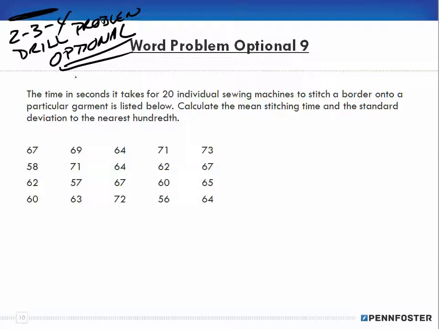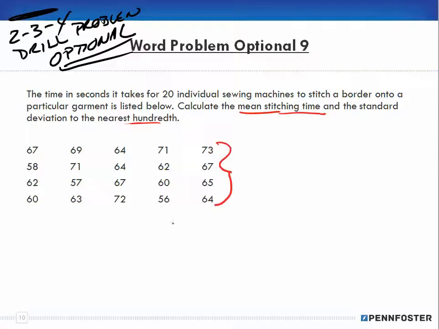Okay, right. Problem number 9. The time in seconds it takes for 20 individual sewing machines to stitch a border onto a particular garment is listed below. Calculate the mean stitching time, okay, the mean again is the average, and the standard deviation to the nearest hundredth. Right? Okay, so what is the mean?